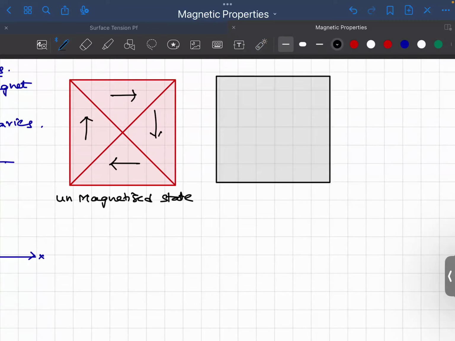Right. Now, two things are possible when I apply an external magnetic field. Say I've applied a magnetic field like this, for example. One is like this: domain growth.